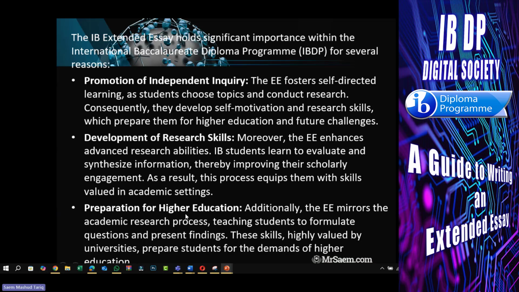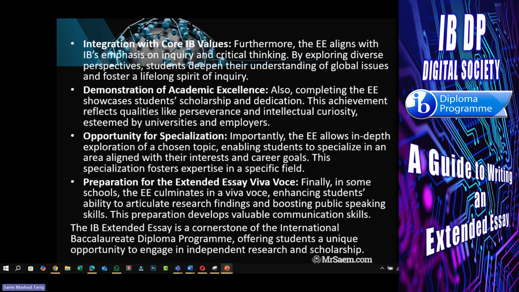Preparation for higher education: yes, obviously you are in college, you will be in university. This is one of the ways that you will be able to prepare for higher education as well. Integration with core subjects, yes, core IB values. When we talk about integration with core IB values, what we're talking about is how globally we can talk about things.